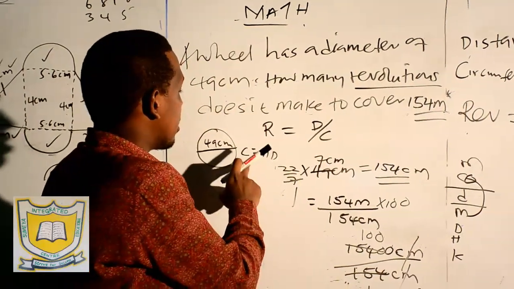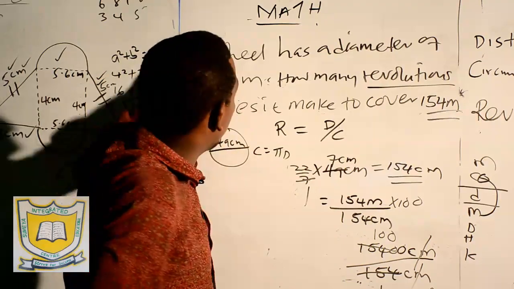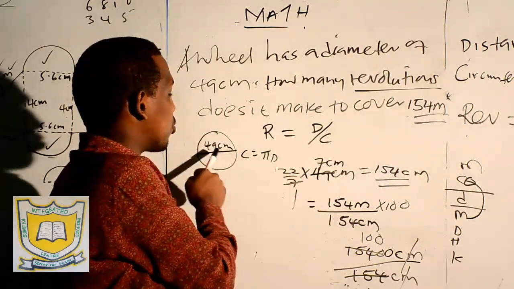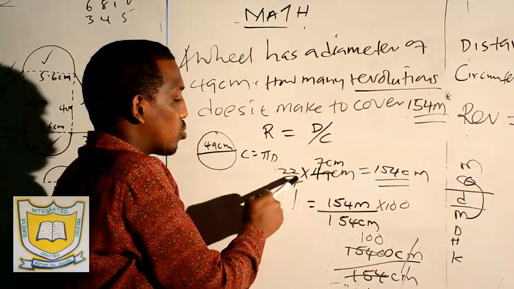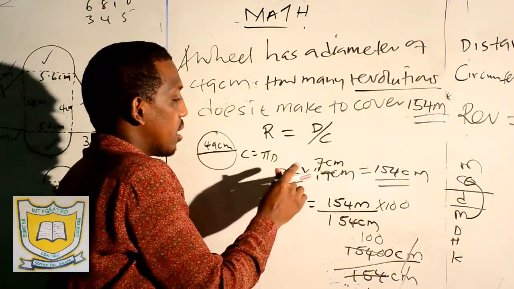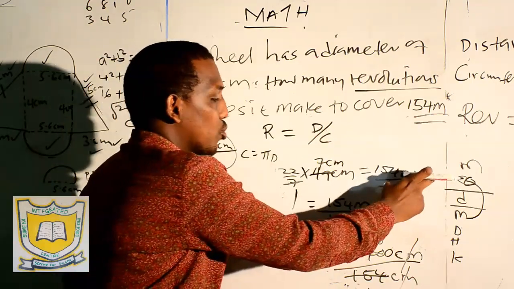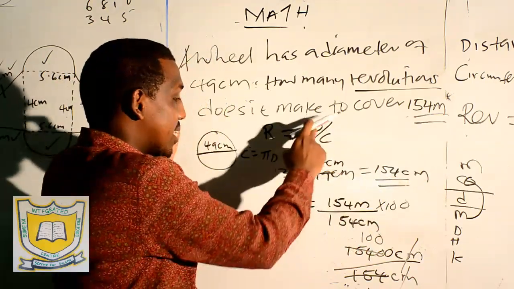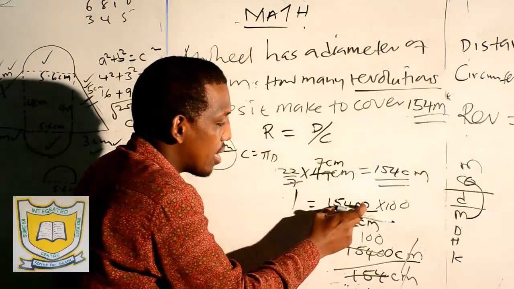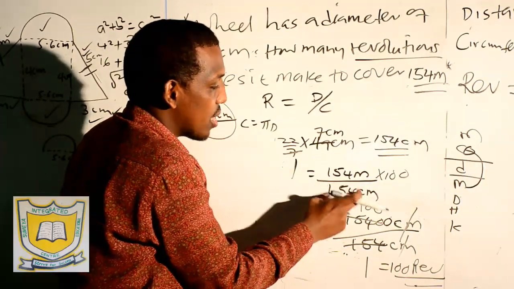So you get the circumference, and we don't have it, because we are given the diameter: pi d, 22 over 7 times 49. You get 22 times 7, 154 centimeter. So distance over circumference: distance is in meter, and this one is centimeter. You change the distance.